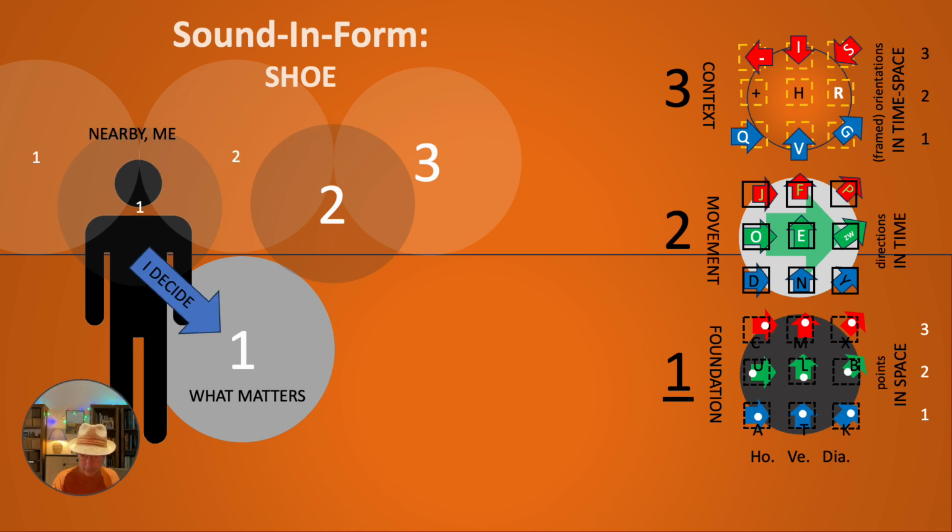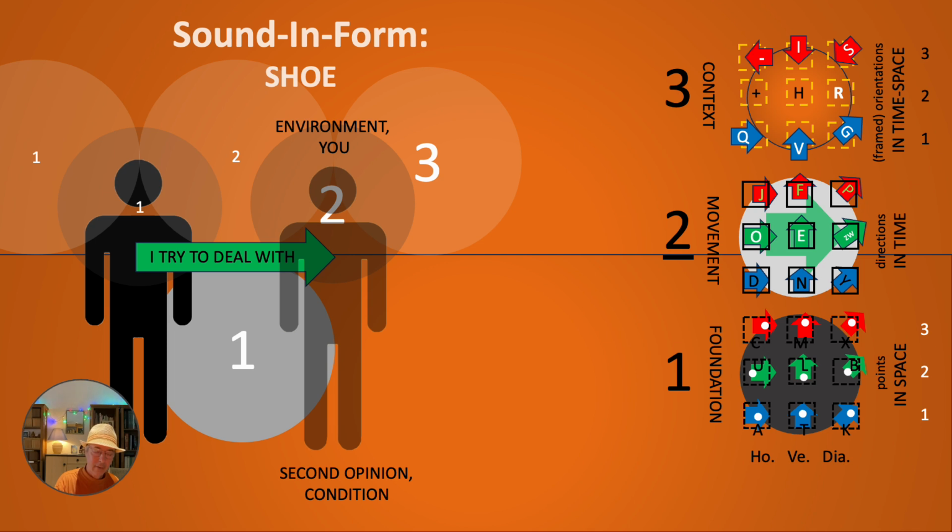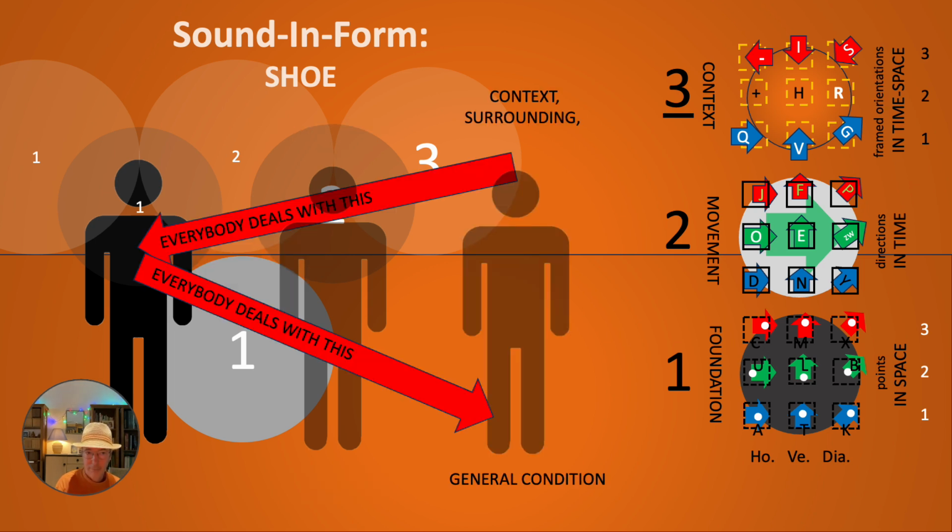The first category of the first 9 letters is that you yourself decide what you want to do with it. The second category is like you move towards something else, you deal with what is different, just like you deal with your environment, what is further away from you already in the environment, like you deal with someone else, with a second opinion, with a second condition.